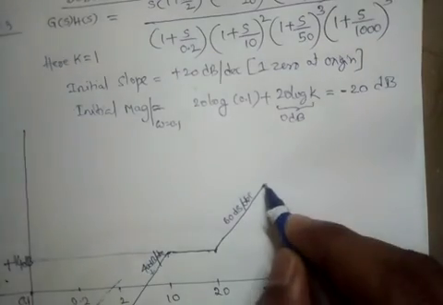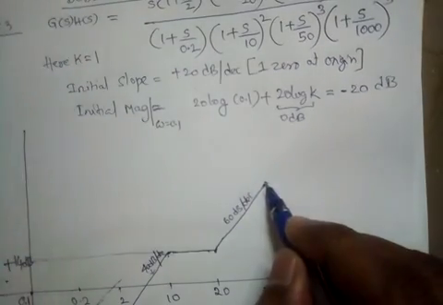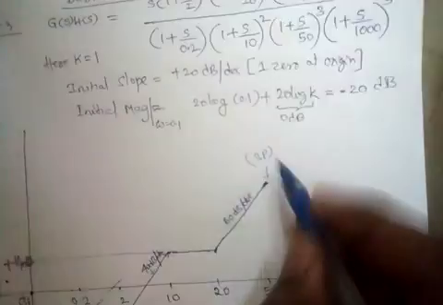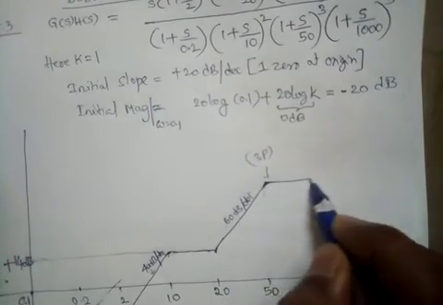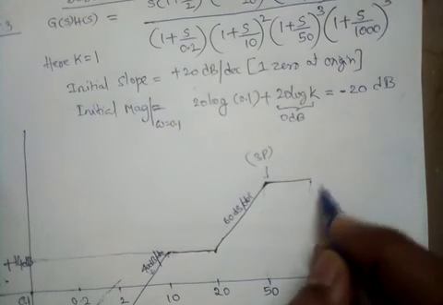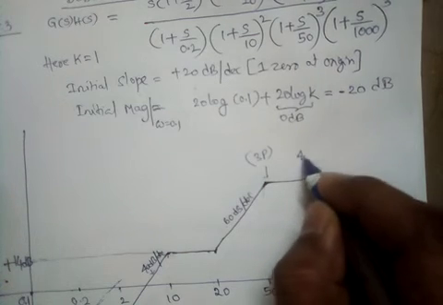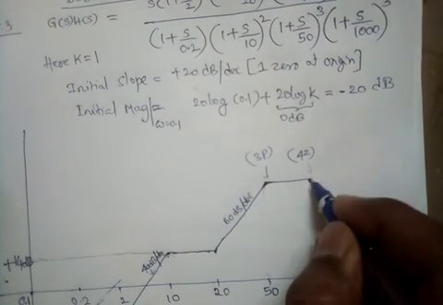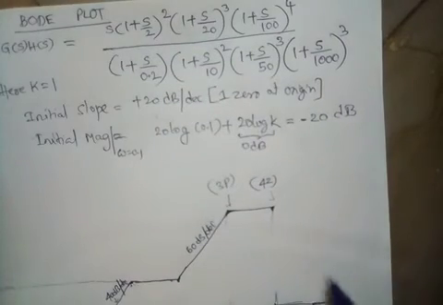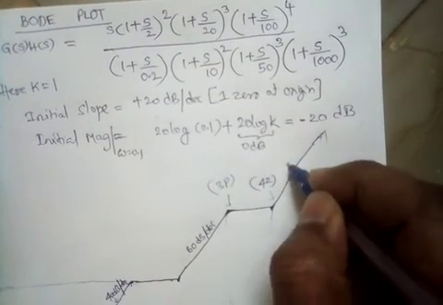At omega is equal to 50, 3 poles have been added, that is minus 60. At this point 3 poles have been added, minus 60 added, so resultant slope will be 0 dB. So 0 dB is maintained up to the next corner frequency, omega is equal to 100. At omega is equal to 100, 4 zeros have been added, which means the slope will be 80 dB per decade.